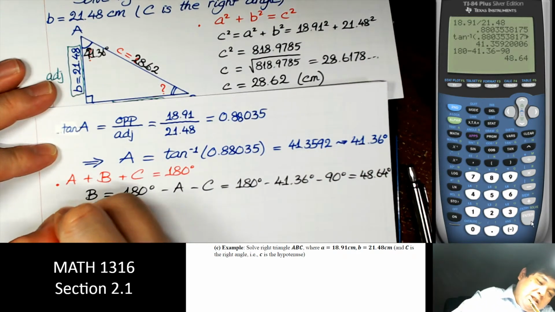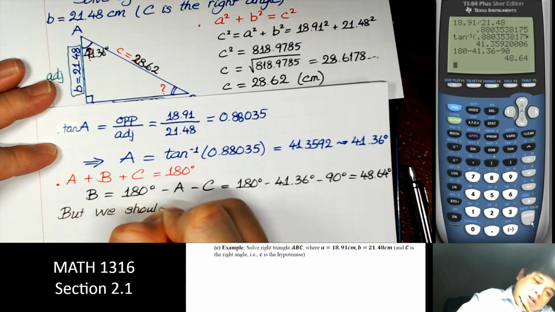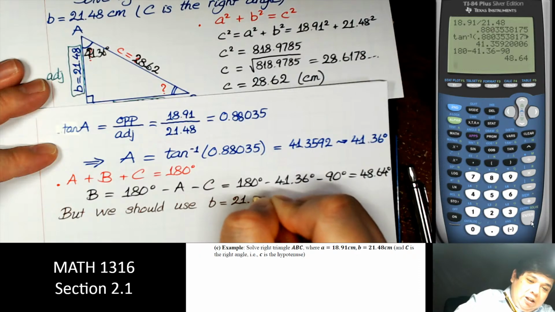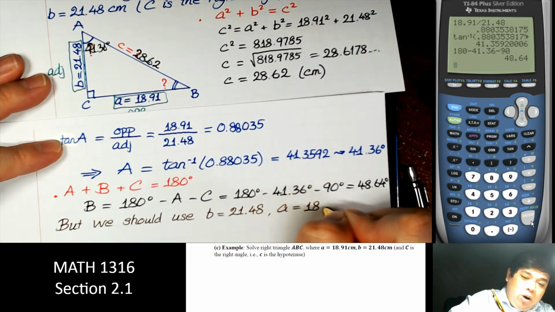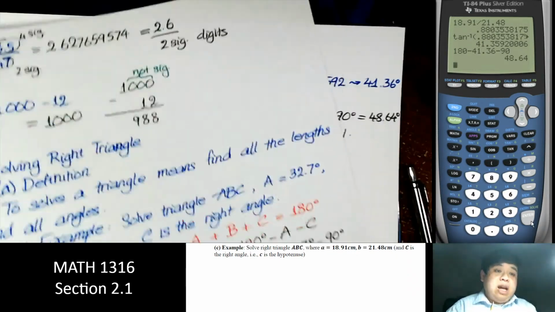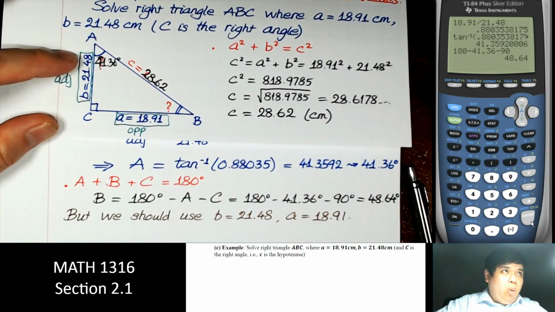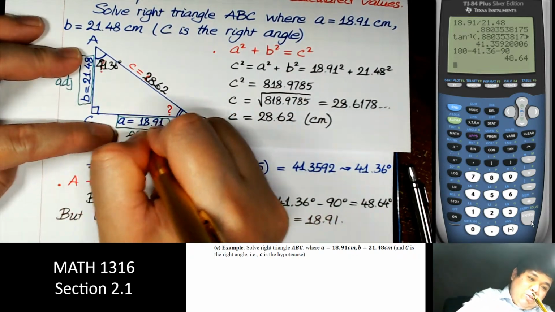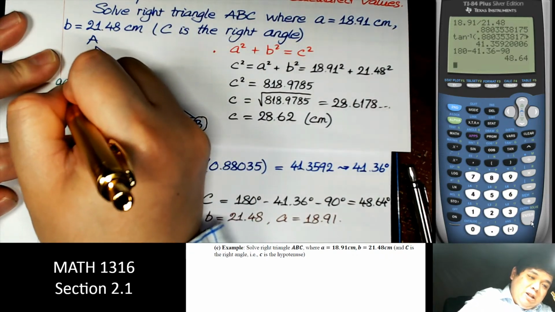But we should use b equal to 21.48 and a equal to 18.91. We should use the numbers that are given, not the numbers that we calculated. So now, with respect to angle B, this side is going to be adjacent and that side is going to be opposite.